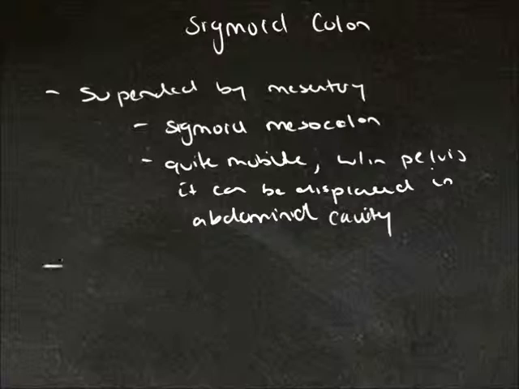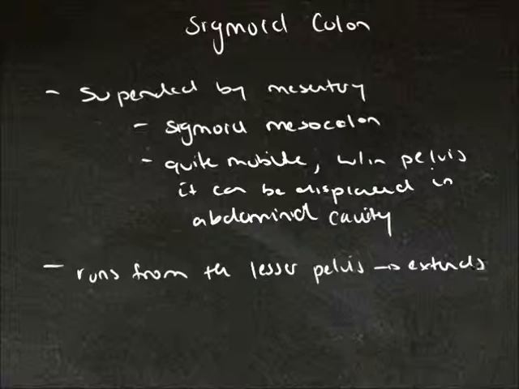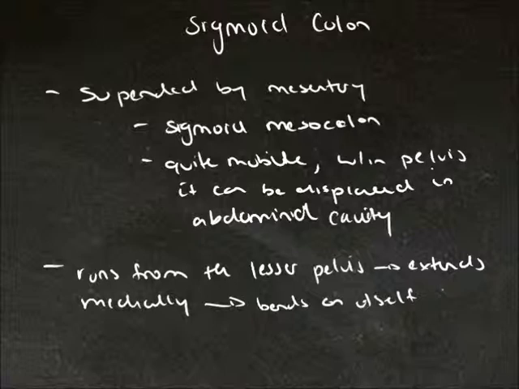The sigmoid colon spans from the lesser pelvis, it extends medially, it bends back on itself, and then ends at the rectum.